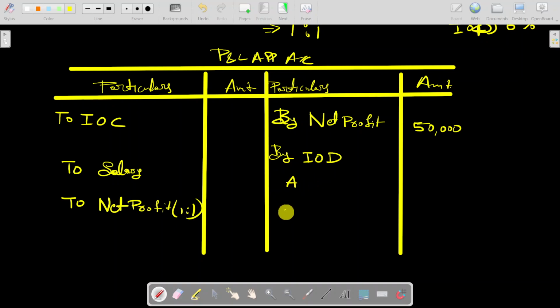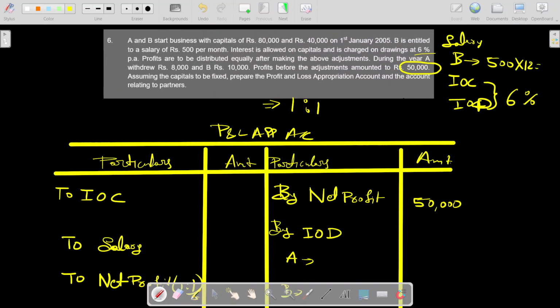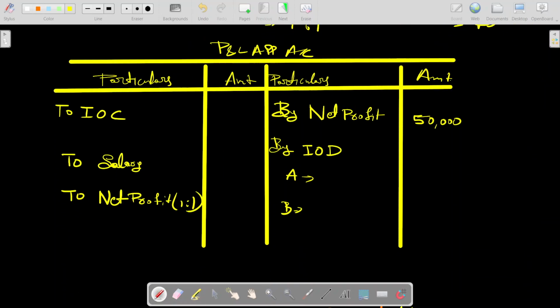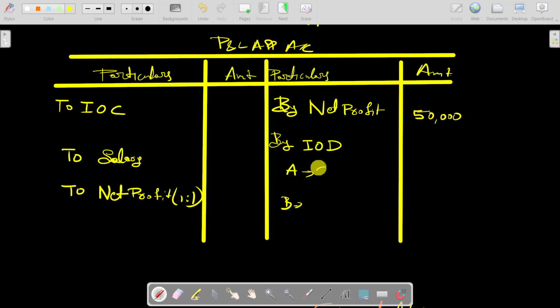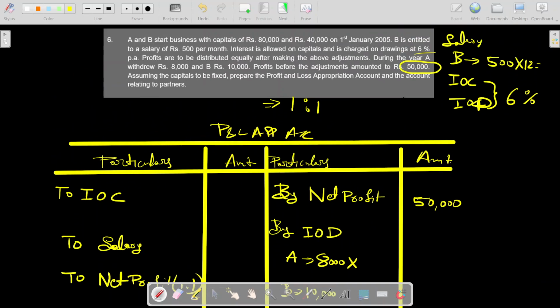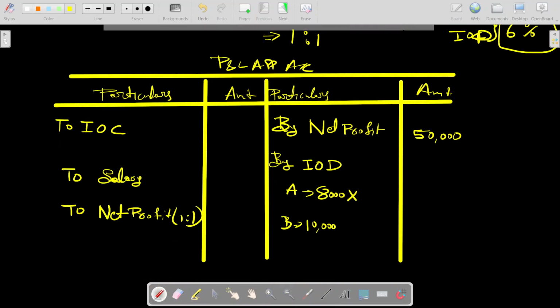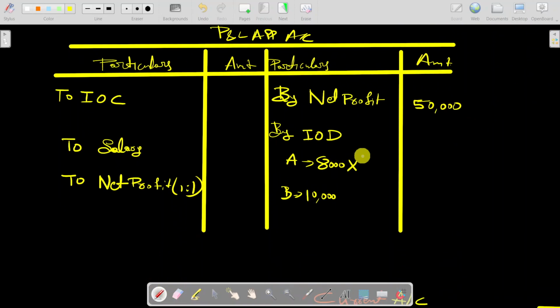A has 8,000 drawings and B has 10,000 drawings, and interest on drawings will be 6% per annum, 6 by 100.